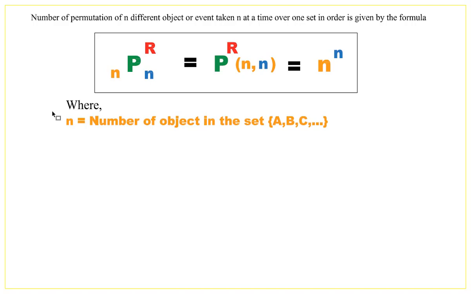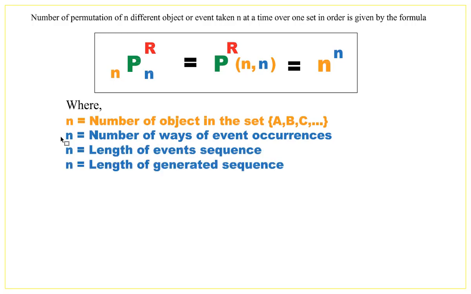N is the number of objects in the set, and this n, the blue one, is the number of ways of event occurrences, or length of event sequence, or length of generated sequence, or number of symbols in the sequence. They all mean the same thing. So this formula here is very important to know the conditions according to which we can apply it.